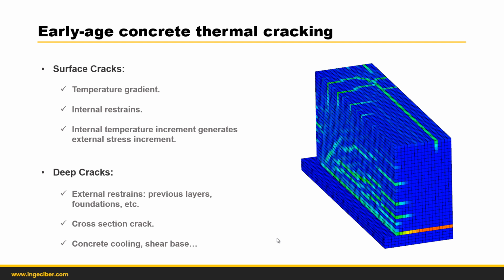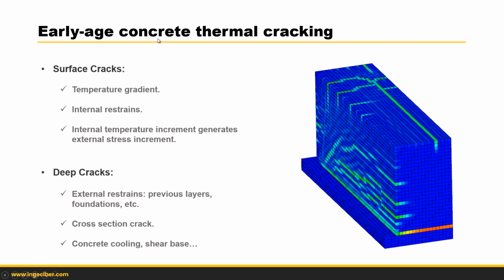Also, in previous slides we have seen the evolution of temperature over time, and in this plot we are plotting the cracks. This is the last result we obtained, after 120 hours.